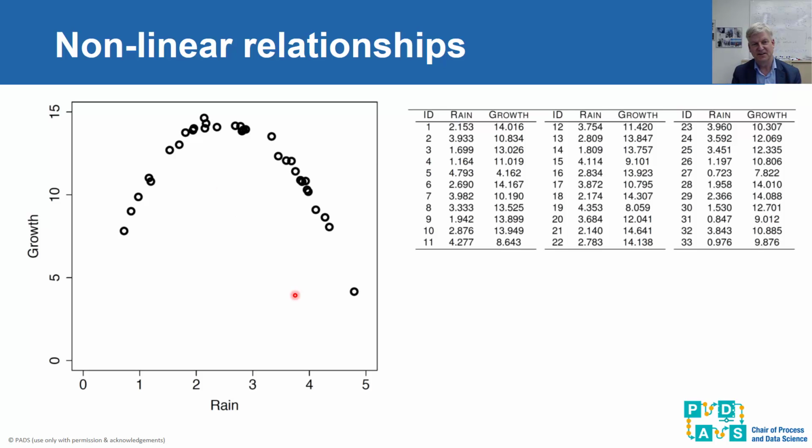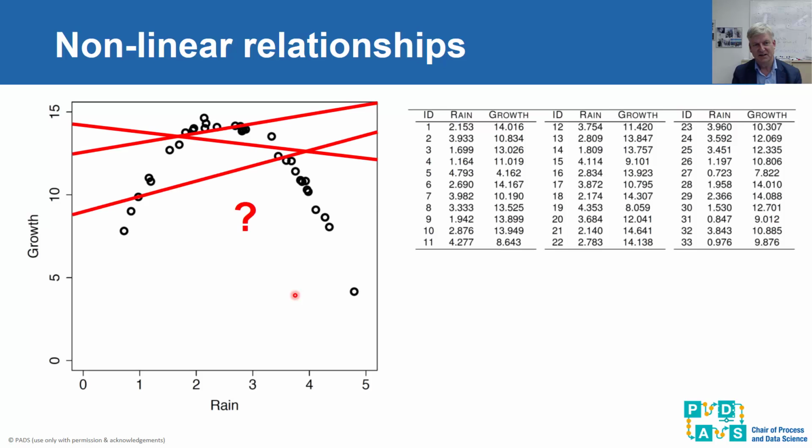fit a regression formula, but we actually have a problem. We can try to draw many straight lines, but it will not work. We will not find something that fits well with the data. So how to handle that situation? It is clear that there is a problem with the representational bias.